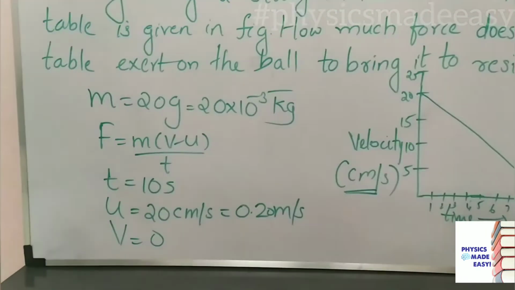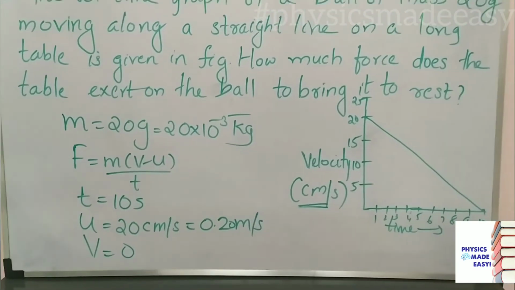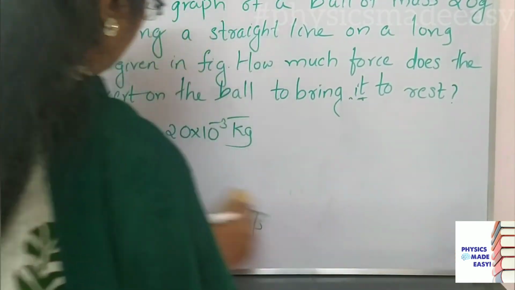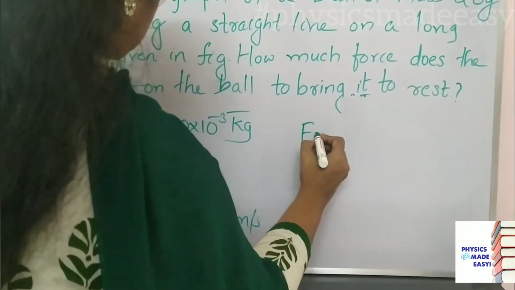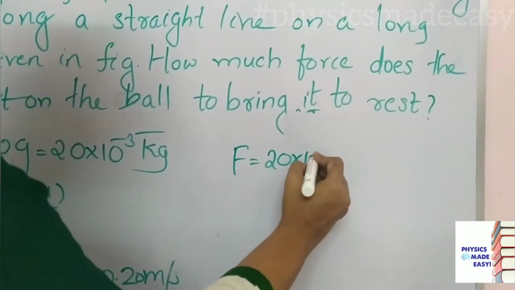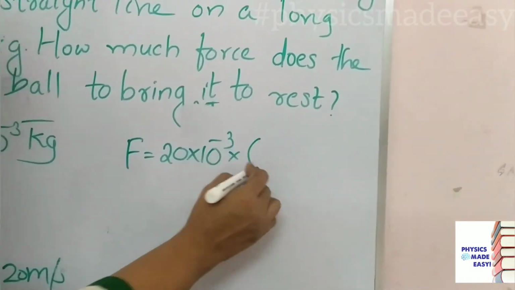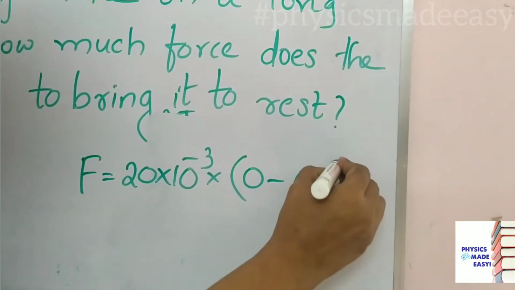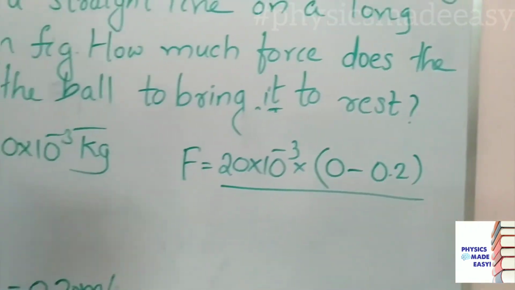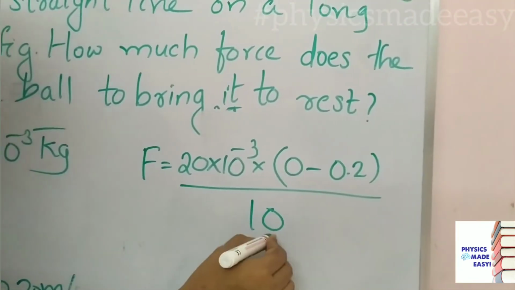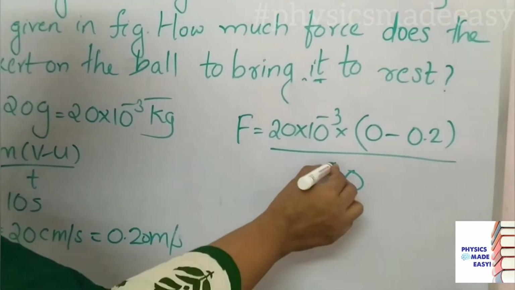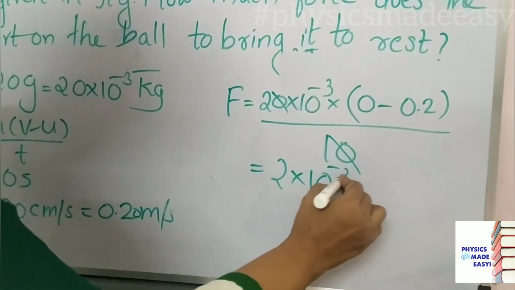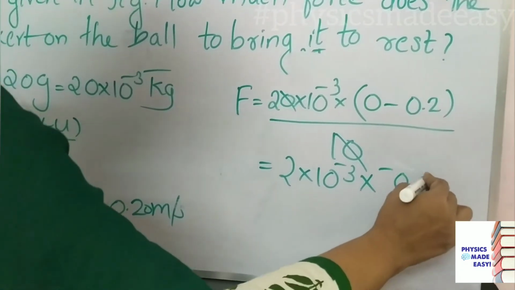Now we have to substitute the values in this equation for getting the force. Here you can see F is equal to 20 into 10 raised to minus 3 into (v minus u), (0 minus 0.2) the whole divided by 10. So here you can see 2 into 10 raised to minus 3 into minus 0.2.